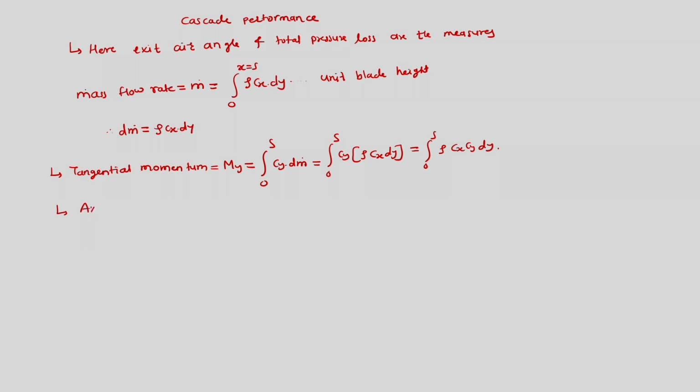If we apply axial momentum, then we can get mx is equal to the integral from 0 to s of cx dm dot. Then we have cx rho cx dy, so it is equal to rho cx square dy.